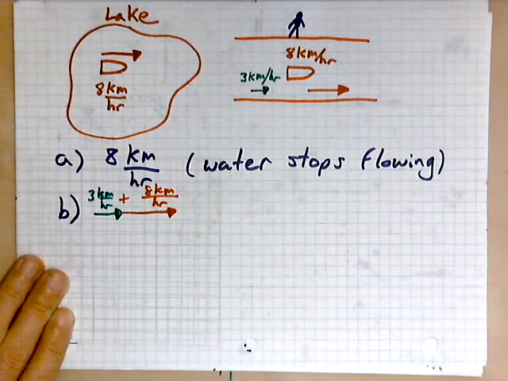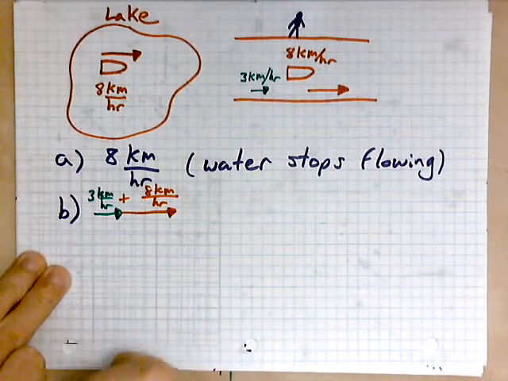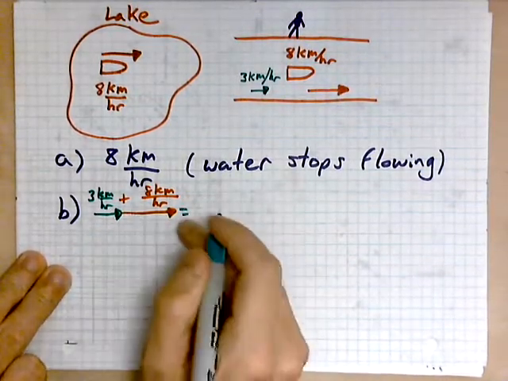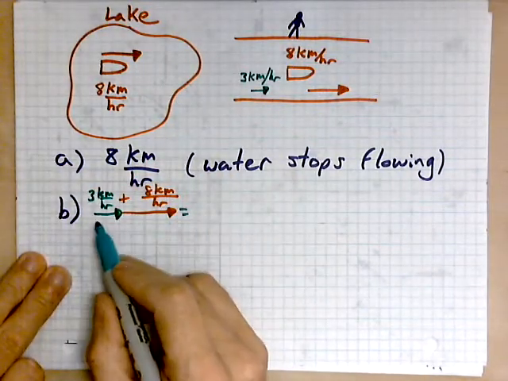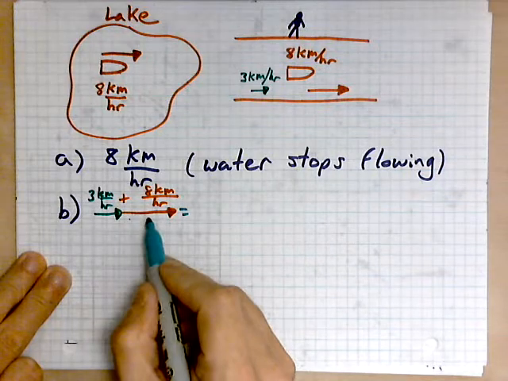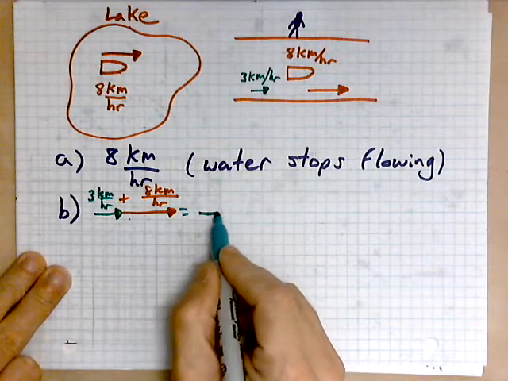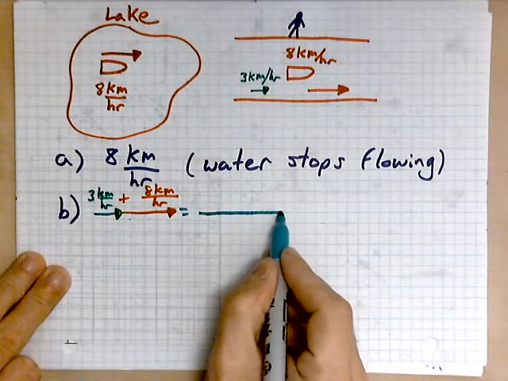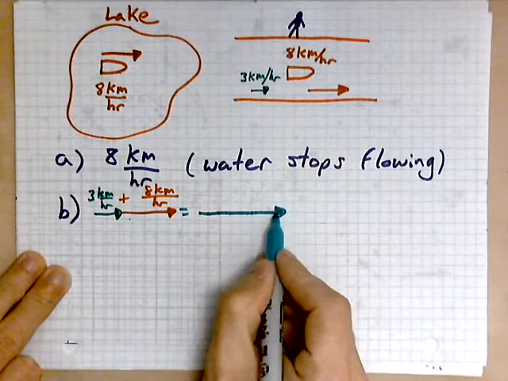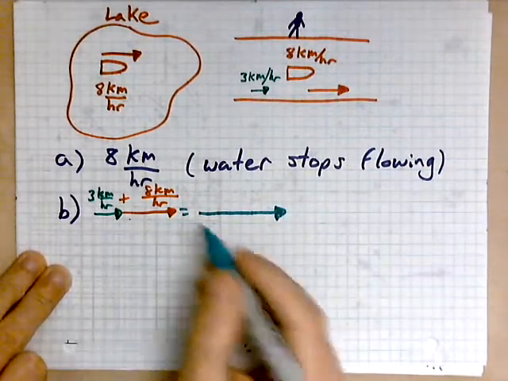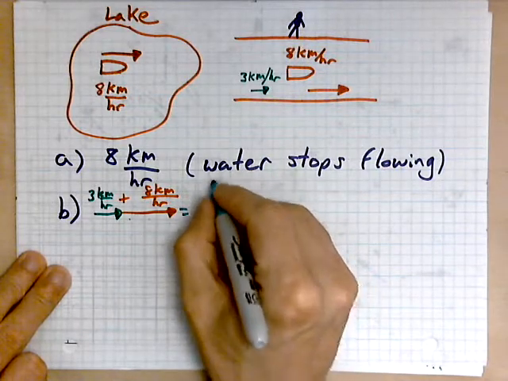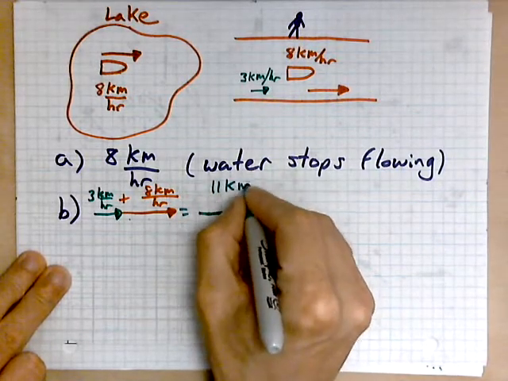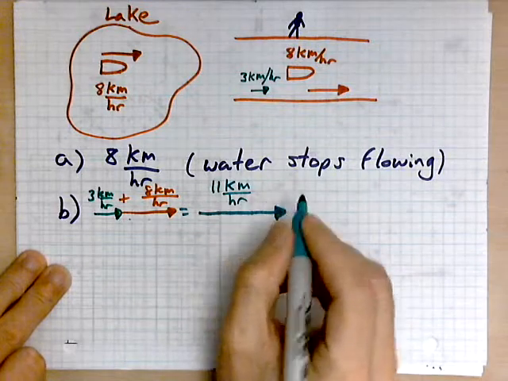So the resultant velocity is the sum of these two. You draw one arrow, that's 1, 2, 3, 4, 5, 6, 7. And this is the resultant velocity. The magnitude of this velocity, of course, is 11 kilometers per hour.